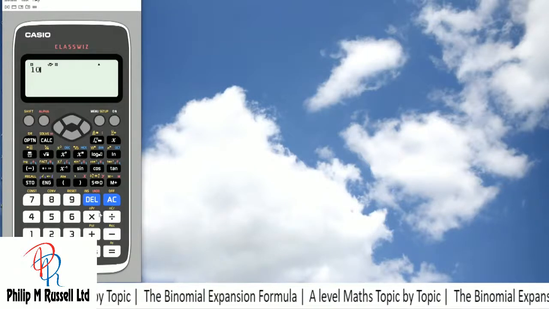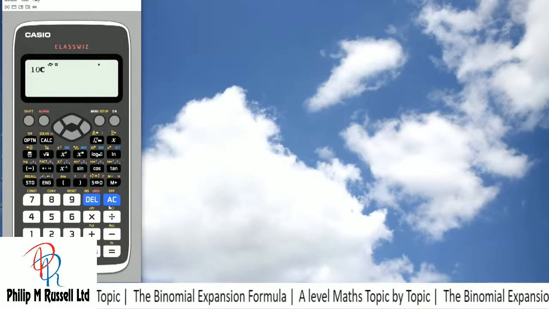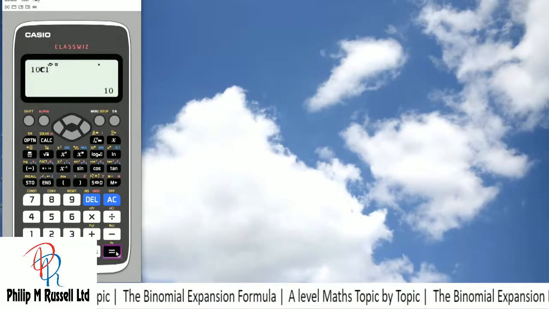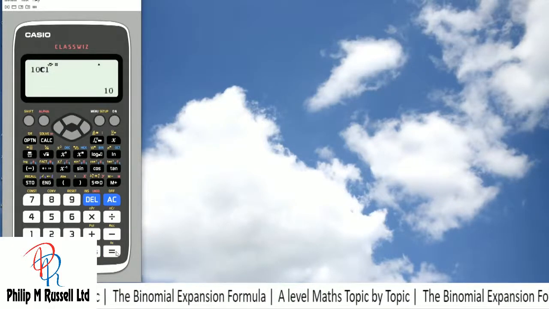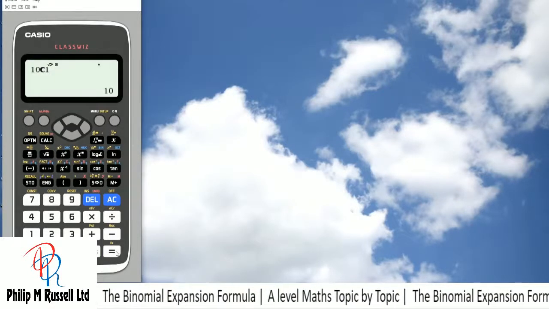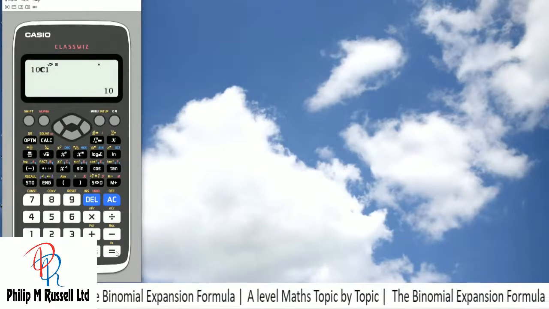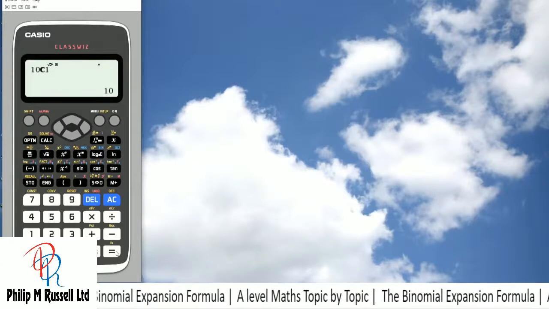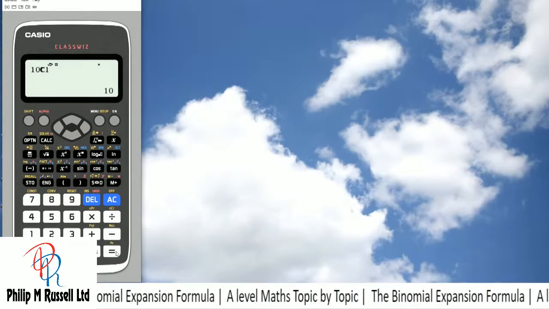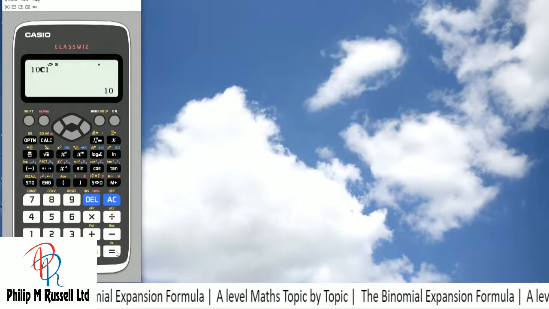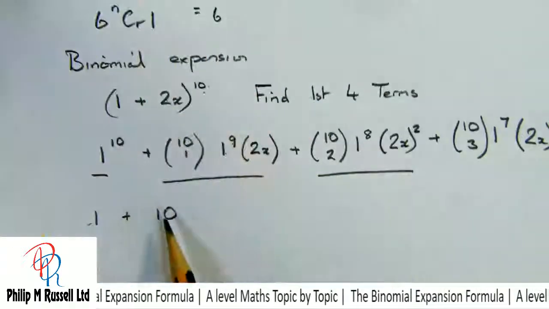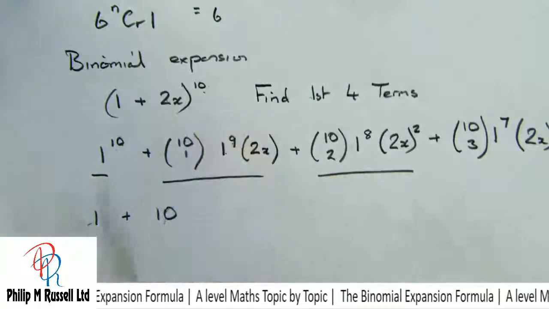We can do 10 choose 1, so let's go along to the calculator, and I'm going to simply put in 10 nCr 1, and that's going to give us the value 10. That wasn't too difficult to work out, because that's always going to be the number that we're looking for here.